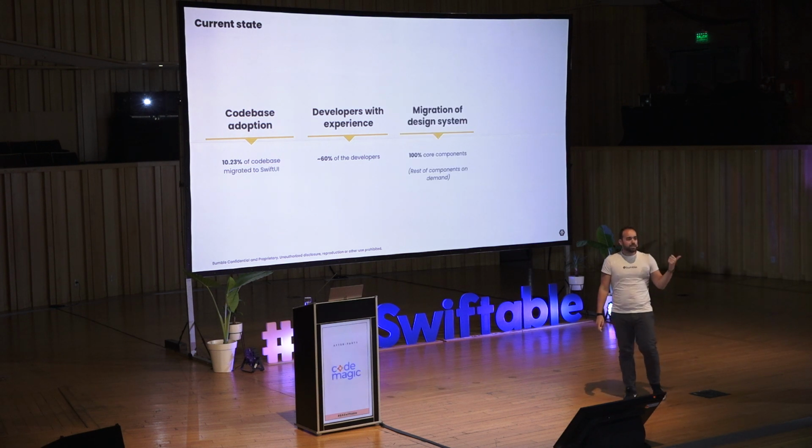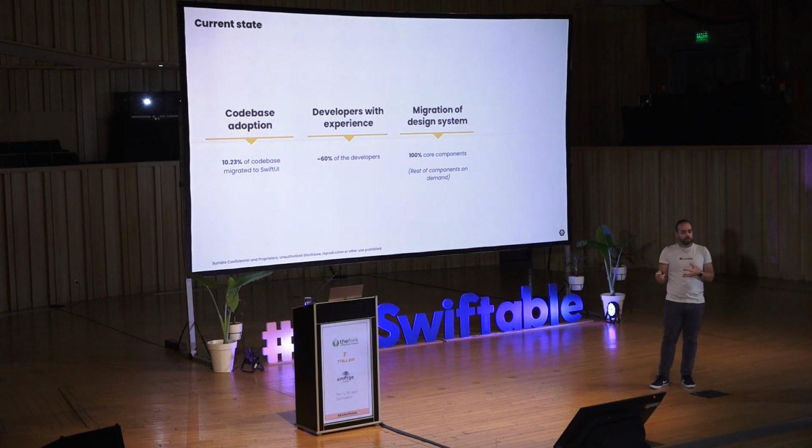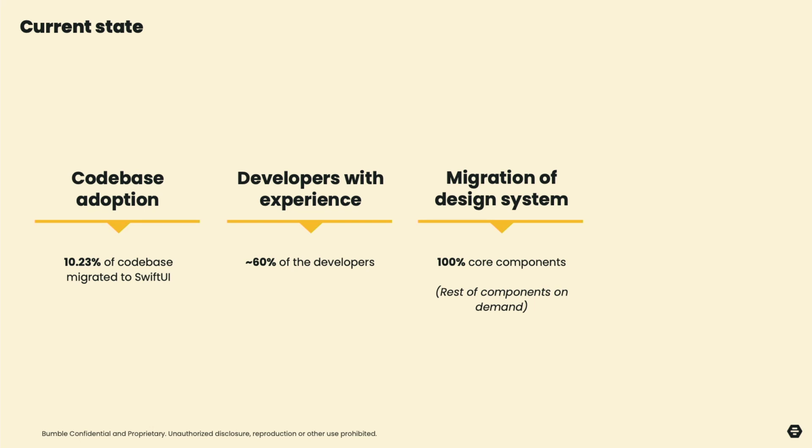We have a design system, and that's another topic. You need to migrate these components to SwiftUI. So we started migrating the core components, the ones that we use everywhere, and they are already migrated. It was kind of easy, and as I mentioned before, it's easier to migrate to SwiftUI than adapting. So we just created a SwiftUI framework for components, and we started to create the new components one by one.